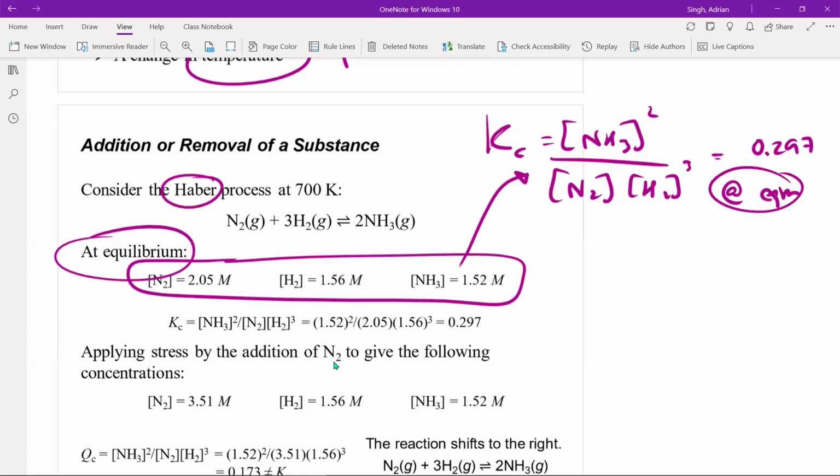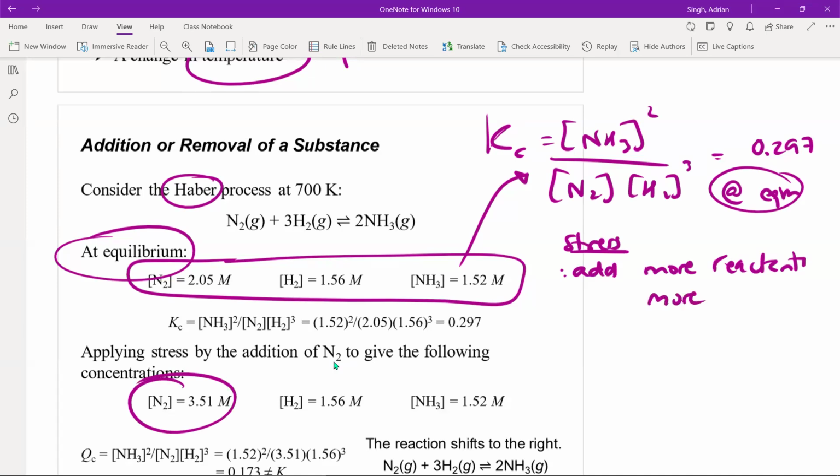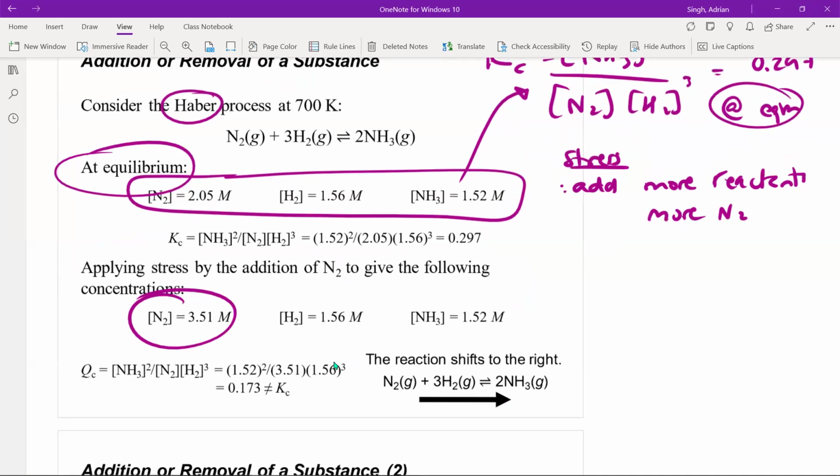That's our Kc value. Now the stress that we can apply to this is we can add more of one of the reactants. This is one type of stress that we can apply to the system. And the reactant that we're adding is a little bit more N2. So now our N2 concentration is more than it was previously. Now it's 3.51 molar.